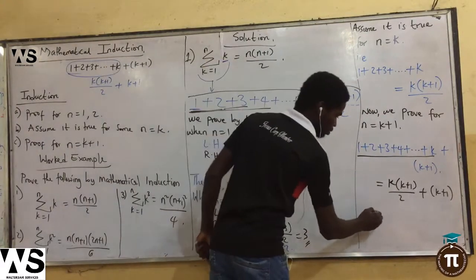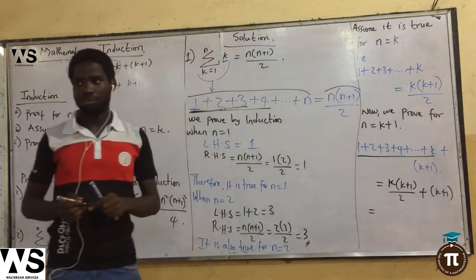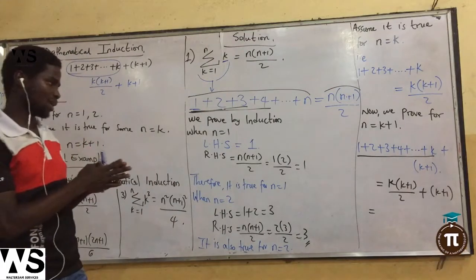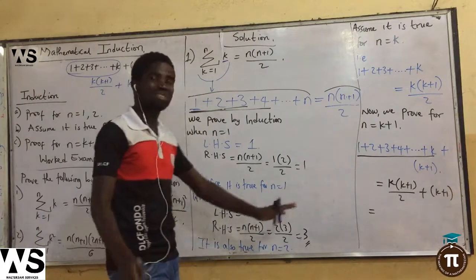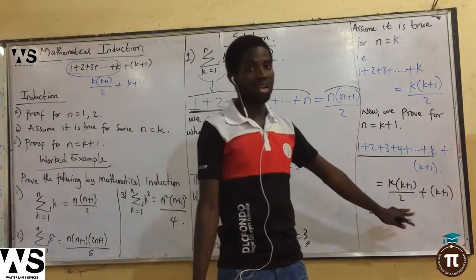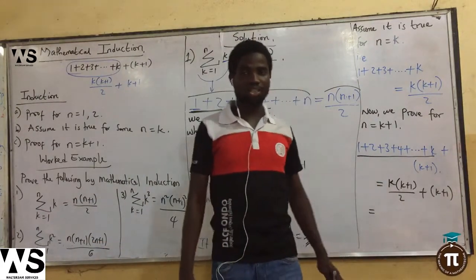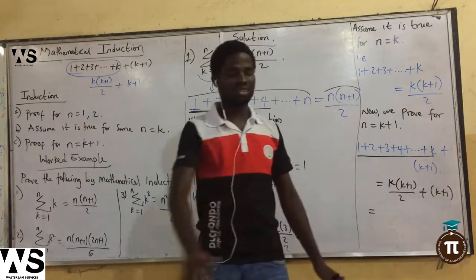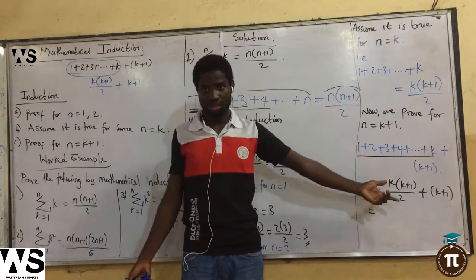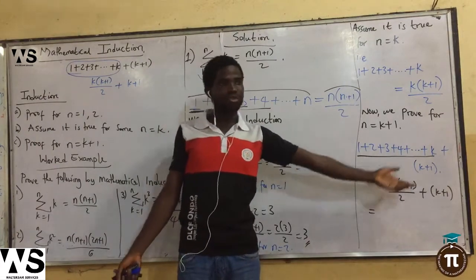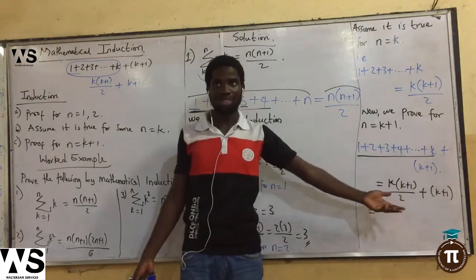This will be equal to, now, if we look at this very well, k plus 1 is common. What is left here is just to simplify. There is no particular way you must do this. You can open this bracket, k squared plus k, divide by 2, then find the LCM and do some other things.